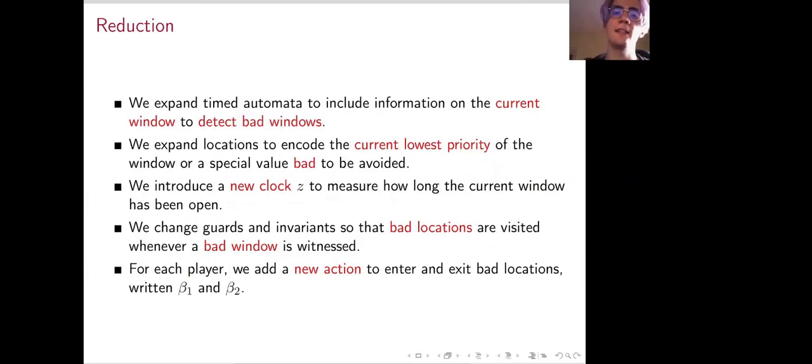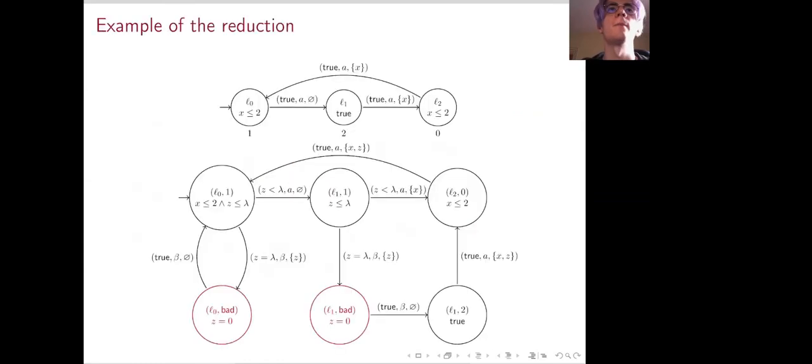To measure the size of the window, we use a new clock z that was not present in the original timed automaton, and we change guards and invariants in a way that ensures bad locations are visited whenever a bad window is witnessed along a time-divergent path. To interact with the bad locations, we will introduce two new actions, beta 1 and beta 2, which we will summarize with beta in the upcoming example.